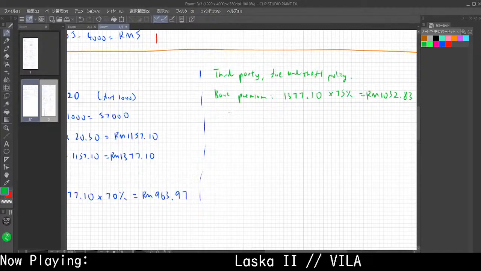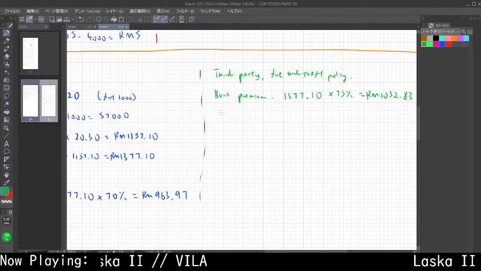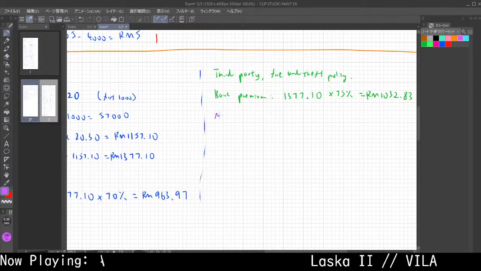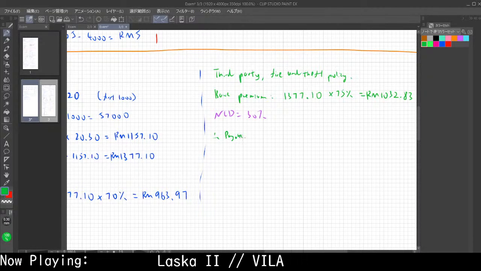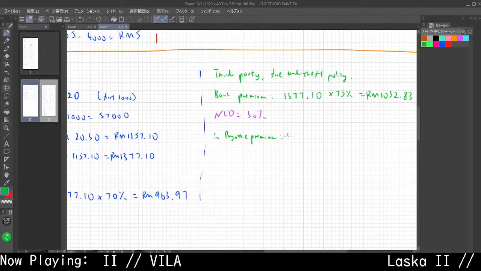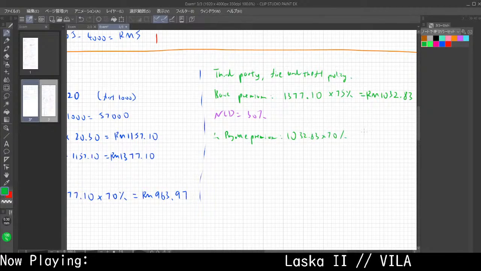1032.83. Okay, then you want to take this, this is your basic premium. Then this is the one that will enjoy NCD. So you also have your NCD, which is 30%. Therefore, at the end, your payable premium is this thing multiplied by 70%.